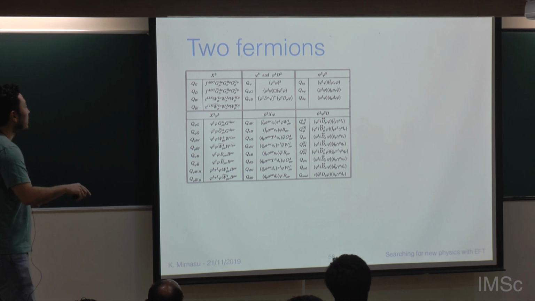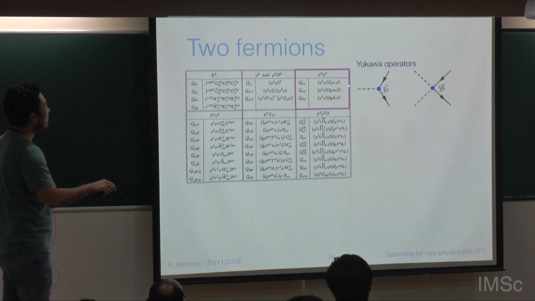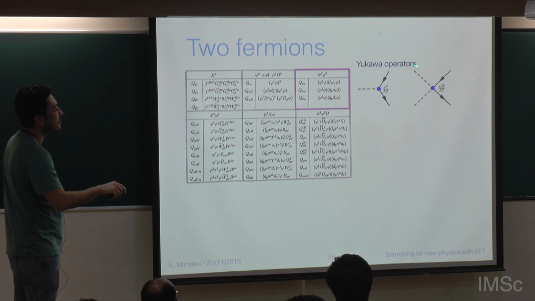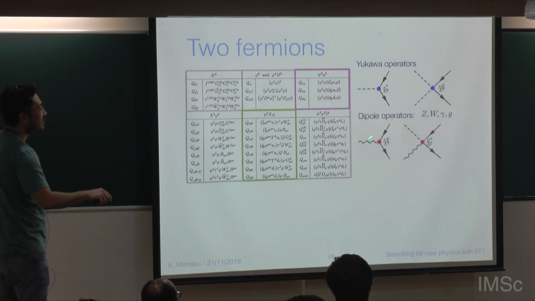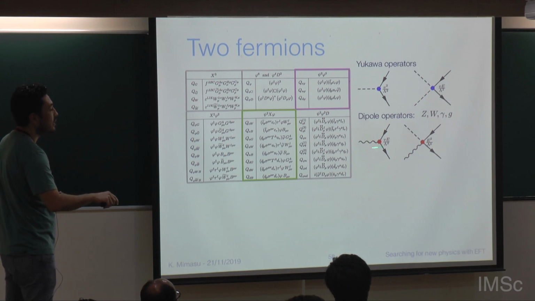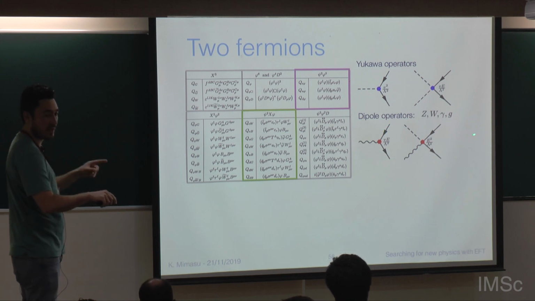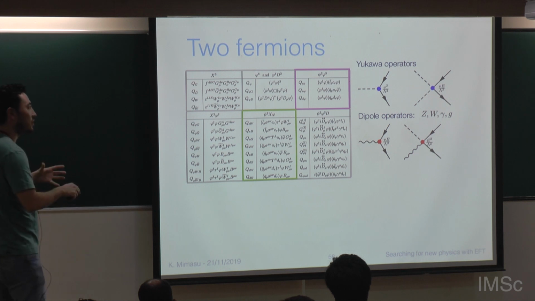Looking now at the other 2 fermion operators, so Yukawa, I mentioned these. They modify the interaction of the Higgs with the fermions, and also predict these types of funny contact interactions. And you have the dipoles also, which again lead to a non-standard-model-like Lorentz structure between the gauge bosons and the fermions, which means that you can also have photons and gluons in this case, because you're not modifying the standard model structure of the gauge sector.